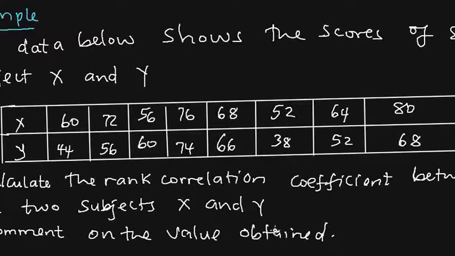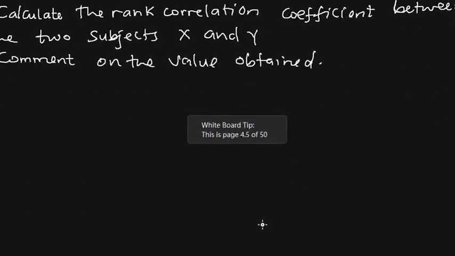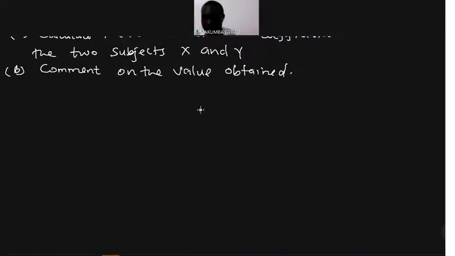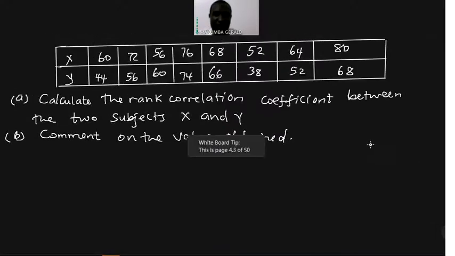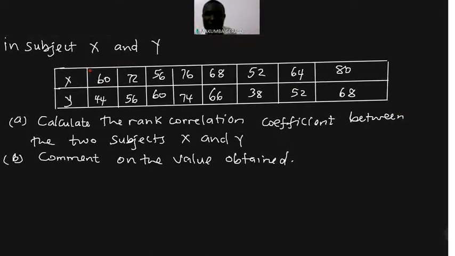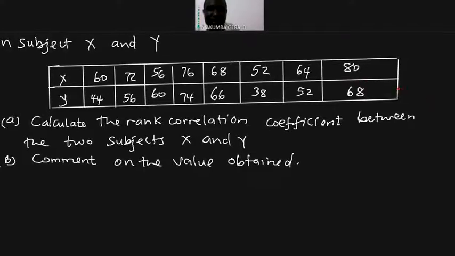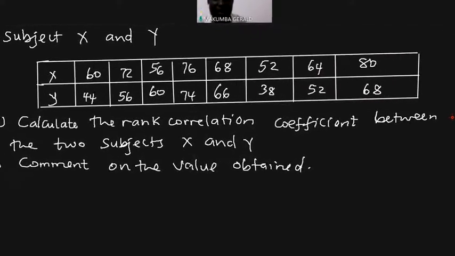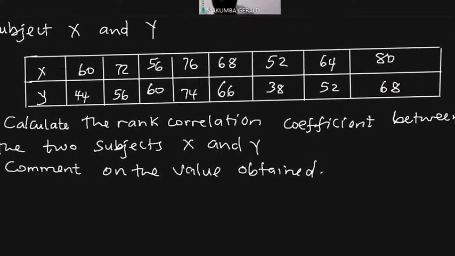So let us start. The first step is to rank. And before we rank, we have to take positions first. So these are our values. We have to rank these values according to the level of importance.